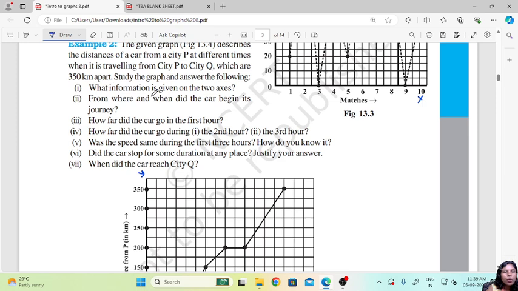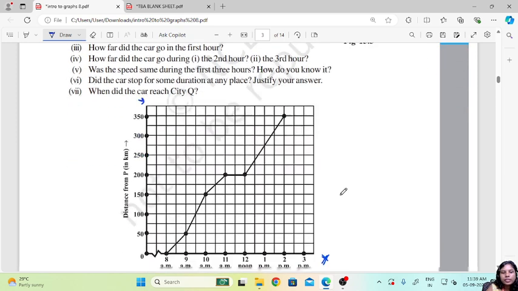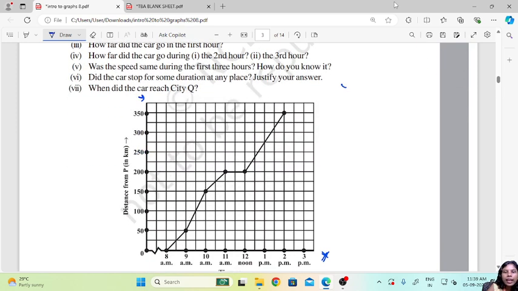First question, what information is given in the two axes? The y-axis tells us the distance from city P in kilometers, and the x-axis tells us the time interval. Correct?